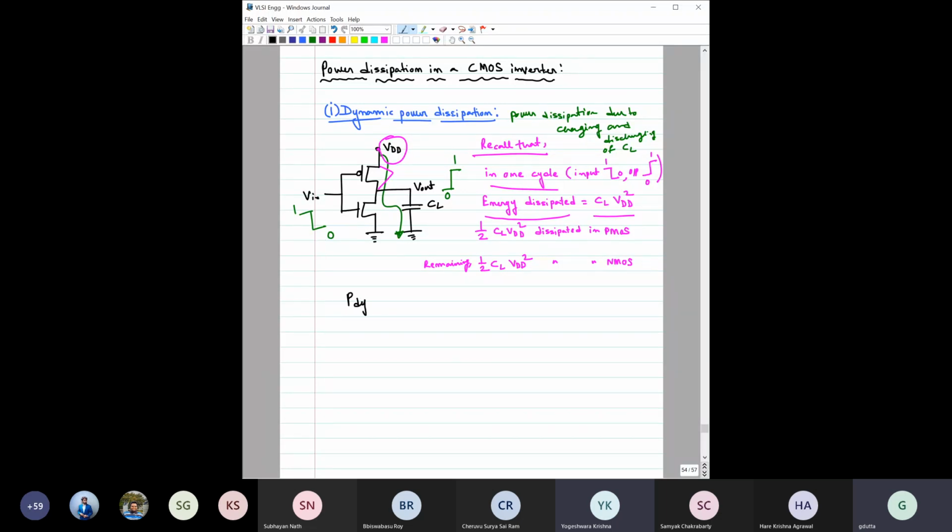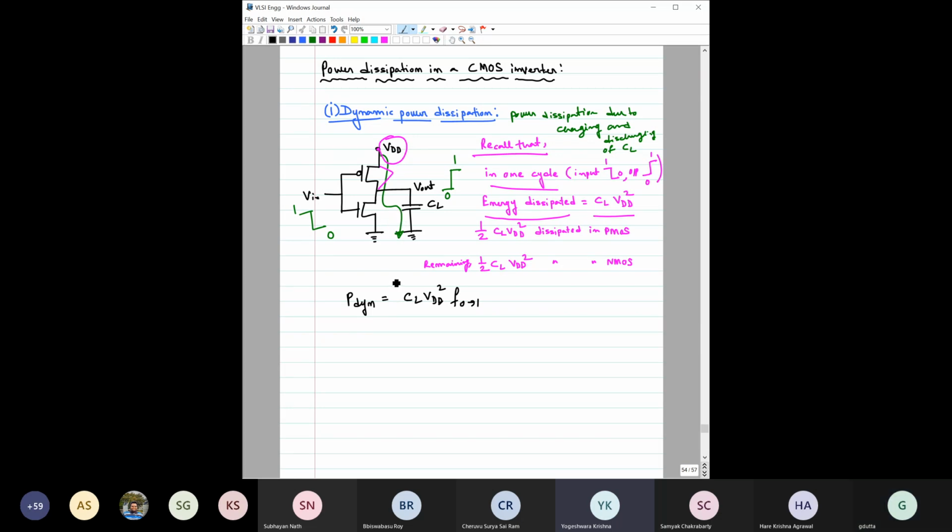The dynamic power is this CL VDD square per unit time. So per unit time, how many cycles? That basically gives the frequency of changing this output from 0 to 1, right? So this is a very simple way by which you can estimate the power dissipation, or the dynamic power dissipation, in a CMOS inverter.